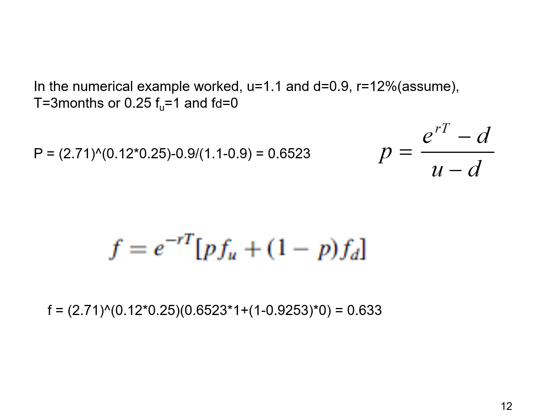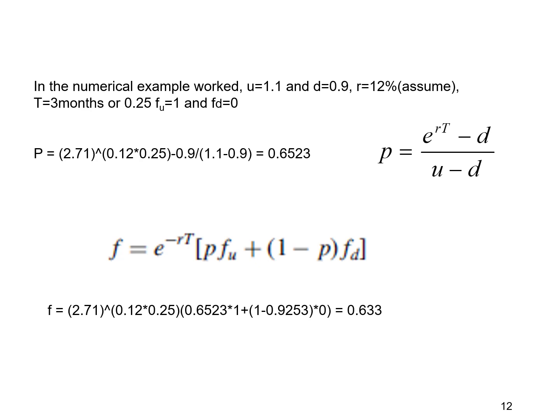And 12% is assumed to be the risk-free rate with a 3-month expiry date for the option, which is 0.25 in years. fu is equal to 1 because if the price goes up to 22, the option expires in the money, and the strike price, if you remember, is 21. So 22 minus 21 is 1, and obviously if the price drops to 18, the option would not be exercised, and fd therefore is equal to 0.